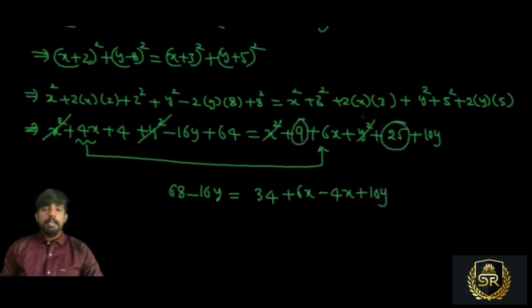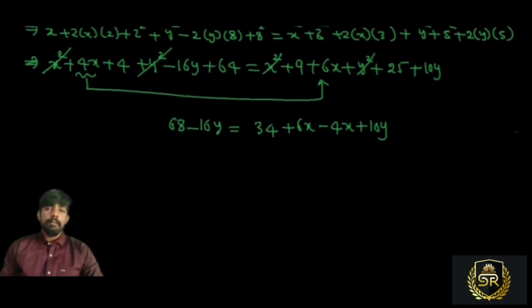So now 68 minus 16y is equal to 6x minus 4x is 2x, so I wrote here 2x, plus 10y plus 34.